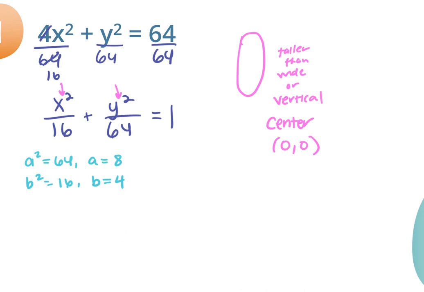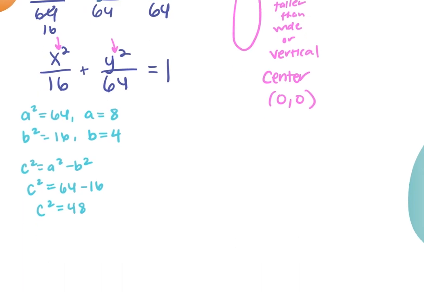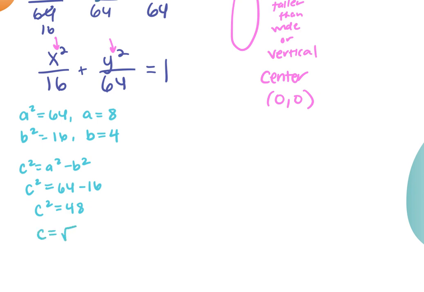And then the relationship between A, B, and C is that C squared equals A squared minus B squared. So C squared equals 64 minus 16. C squared equals 48, and C would equal the square root of 48.